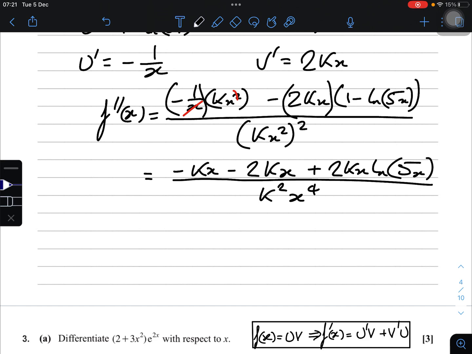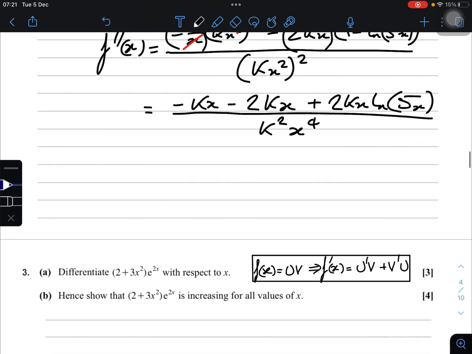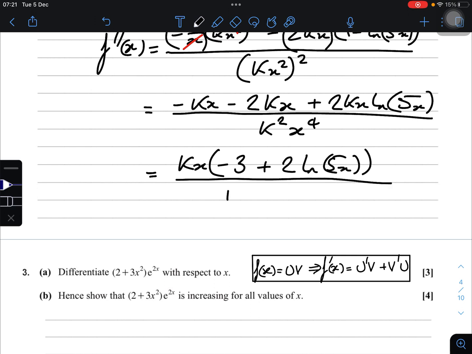Okay. Let's think of some other clear ones that we can do here. Well, we can factor out k and x from the top line. So we get kx factored out from the top line, then we get minus 1 here instead of that term. Minus 2, well, this is obviously minus 3. Let's just write minus 3. 3 lots of that. And then we've got plus 2 lots of ln 5x over kx.